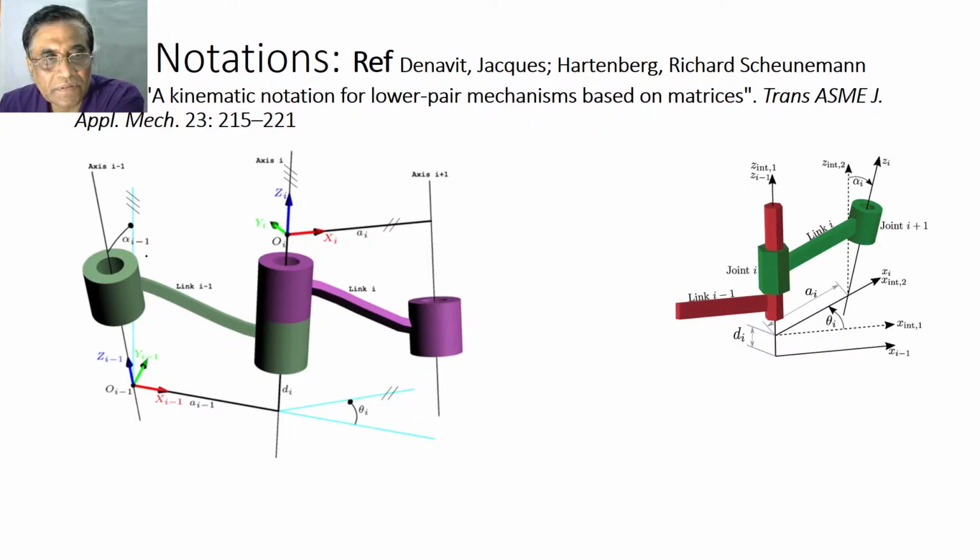So this beautiful picture, okay, and this is an all revolute joint robot. Okay, that means all the axes. First of all, what we are trying to do is establish a kinematic relation in the form of a matrix between two successive links. Okay, so here I have two links.